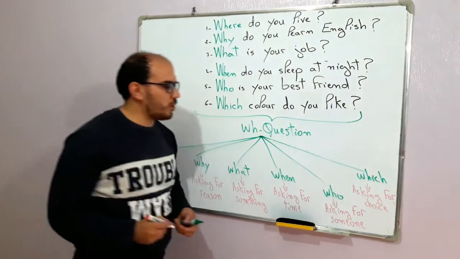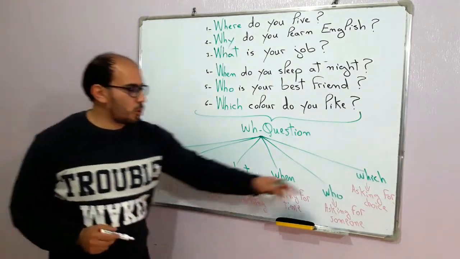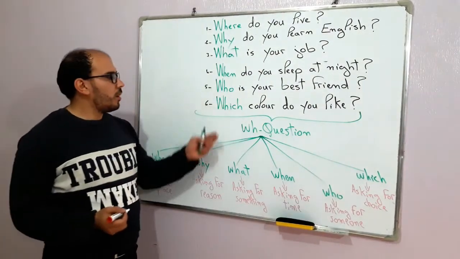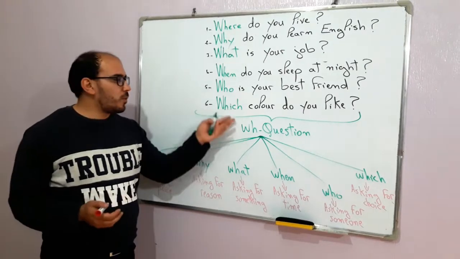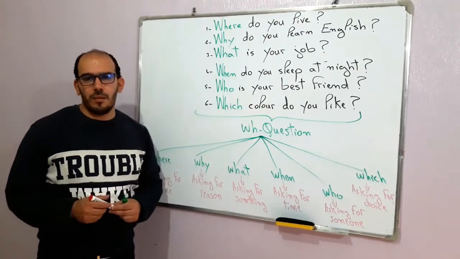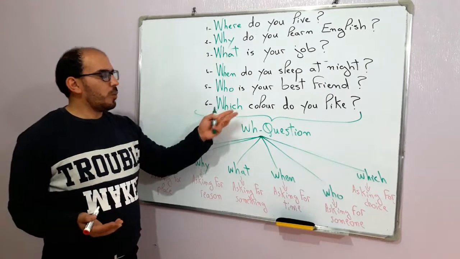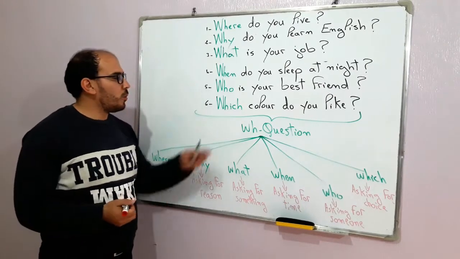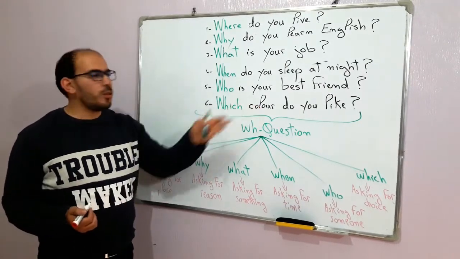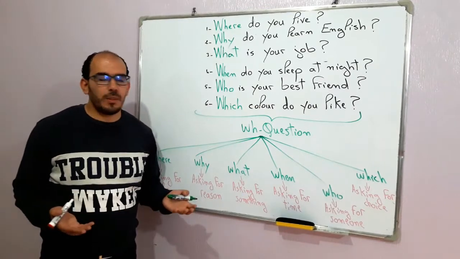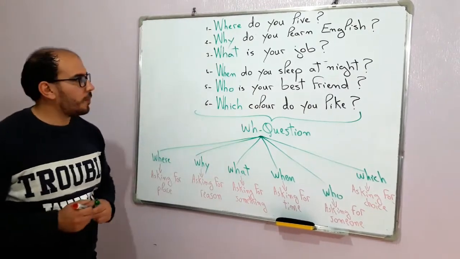So which is used for asking for choice, to choose. Because we have different colors and I ask for the one that you like. Which color do you like? Which kind of food do you like? Which kind of sport do you like, which animal do you like, and so on.